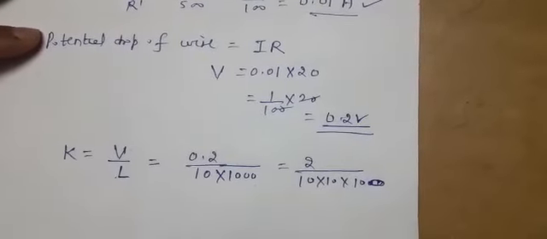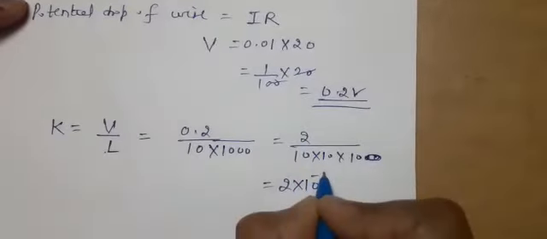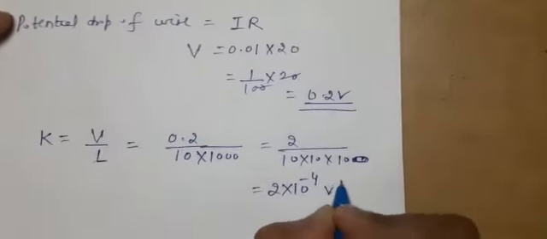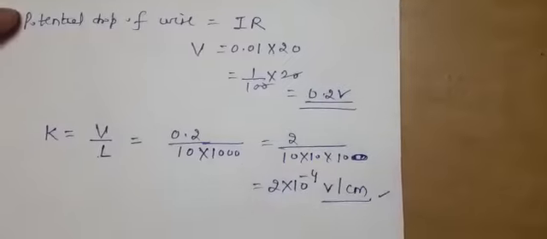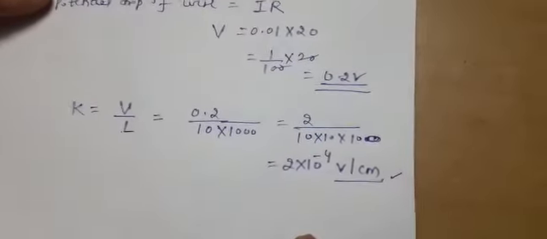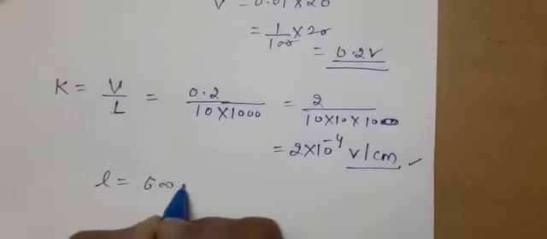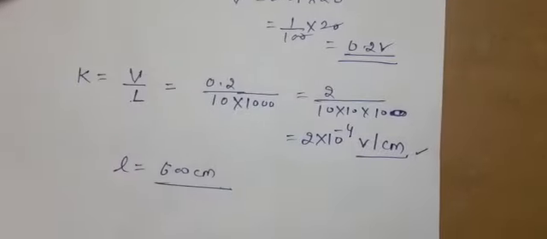This is all simply calculations. So when you solve, I can write it as 2 into 10 raised to the power minus 4 volt per centimeter. It's not necessary that I convert it into centimeter, but as the balancing length has been given to be 600 centimeter, we have to make the units similar.